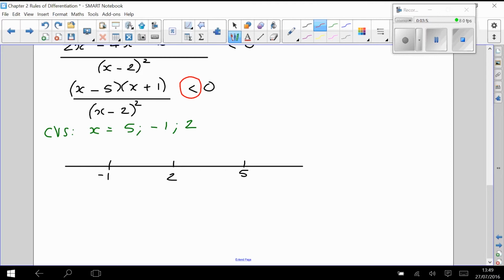In other words, the less than 0 intervals. I cannot use the critical values, and so I'm going to circle them as open circles to show that I can't use them. Whether I had been allowed to or not, I must always have the critical value that came from my denominator as an open circle, because the denominator can never be 0.